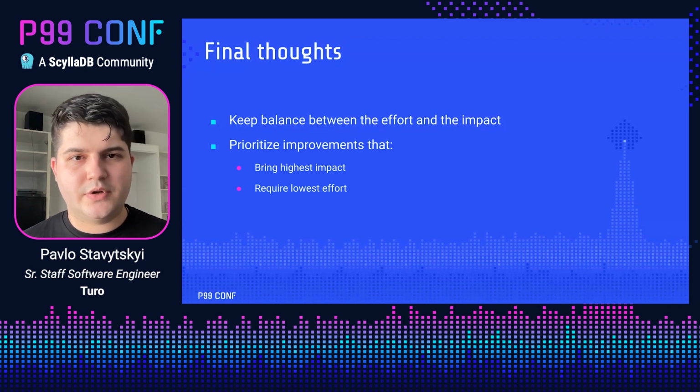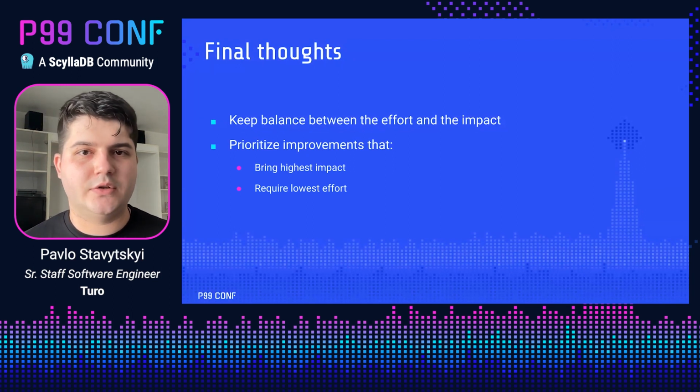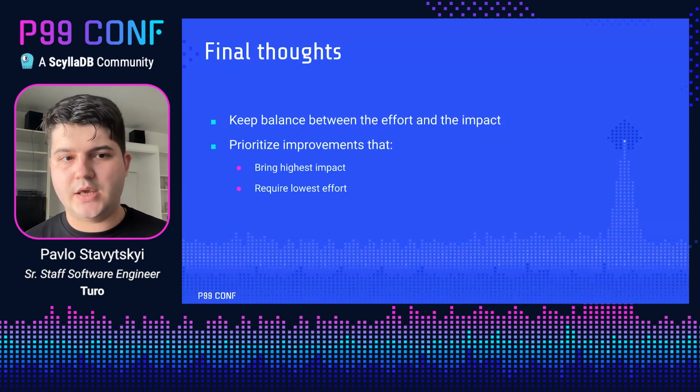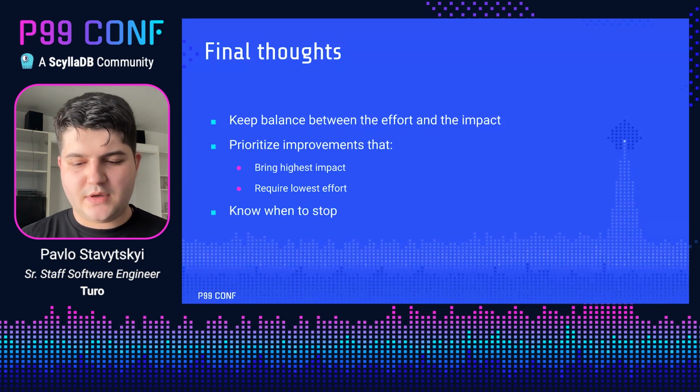You need to make sure that you spend a reasonable amount of time and you have something to demonstrate, so that you can gain more resources to do this job in future and do some other performance improvements.